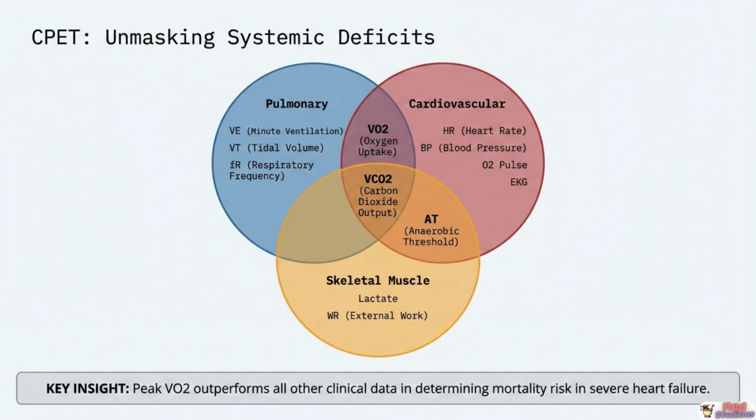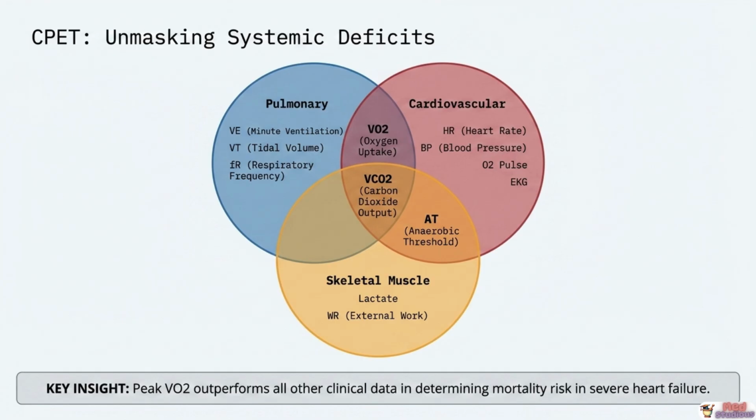From the cardiovascular side, it monitors heart rate, blood pressure, oxygen pulse, and a continuous EKG, detecting chronotropic incompetence, ischemia, or arrhythmias provoked only by exercise. Skeletal muscle metabolism is assessed through lactate and external workload measurements.